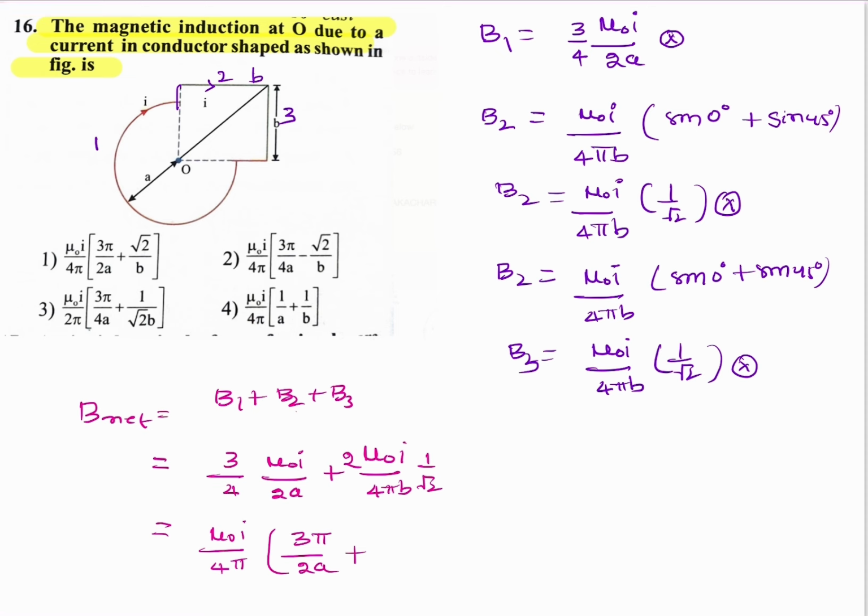This root 2 gets cancelled out, so we can write it as root 2 by b. So this is the answer for this question.